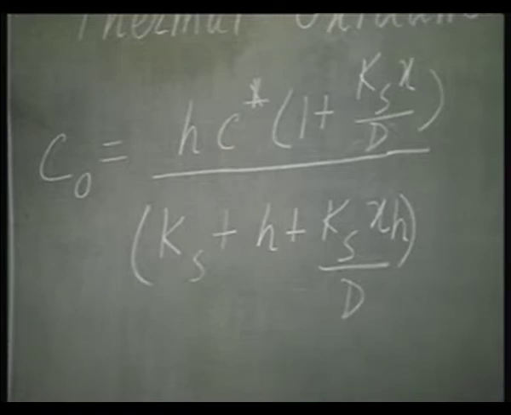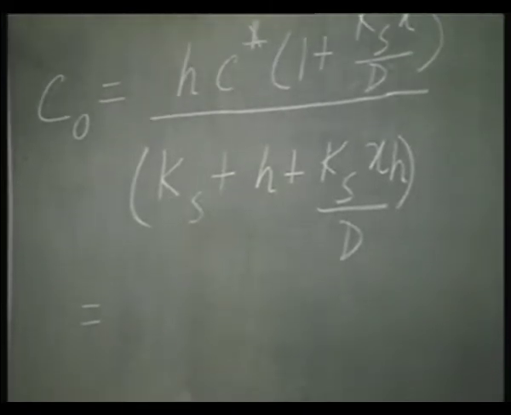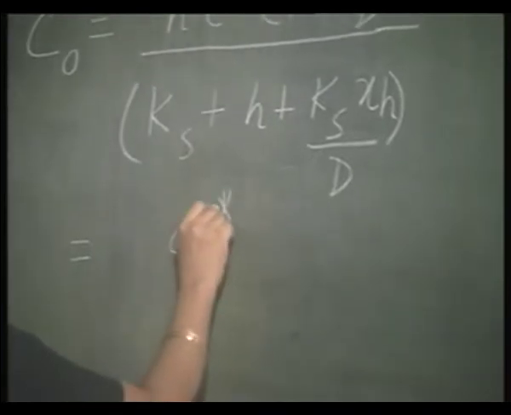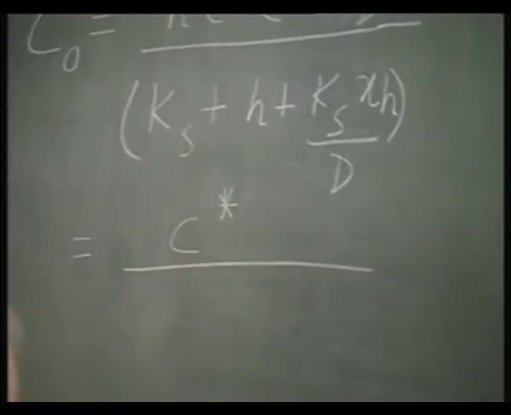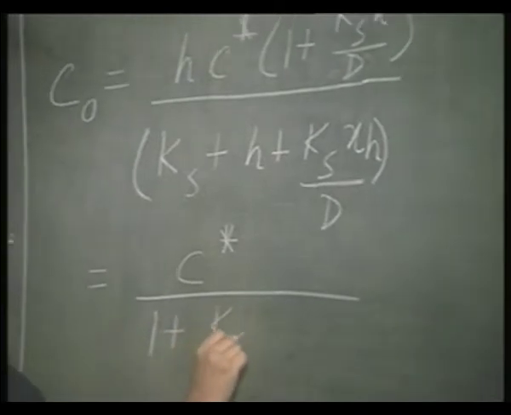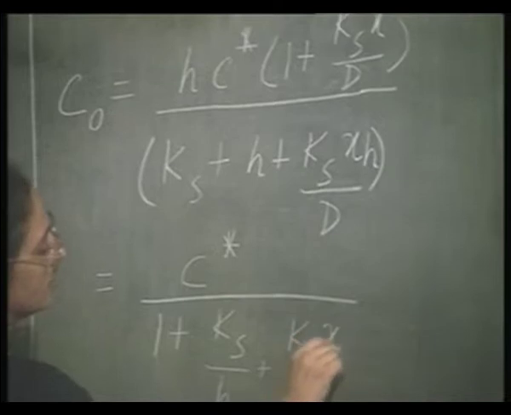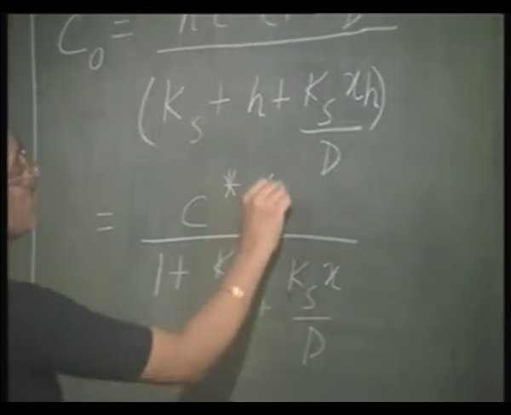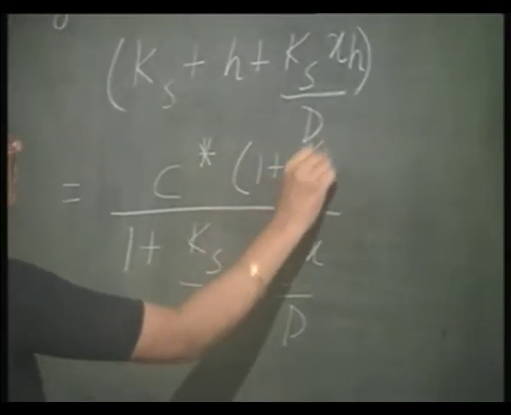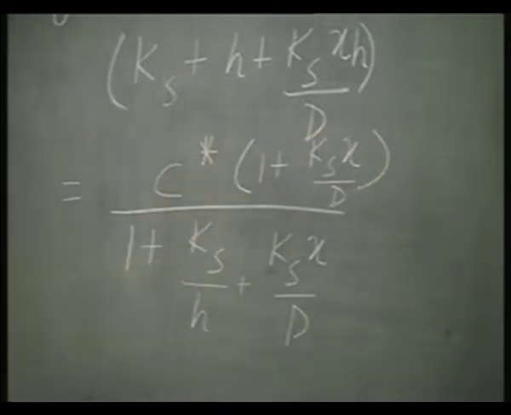Or I could further simplify it and write it like C star, dividing it by h, I could write it as 1 plus Ks by h plus Ks x by D into 1 plus Ks x by D, right.